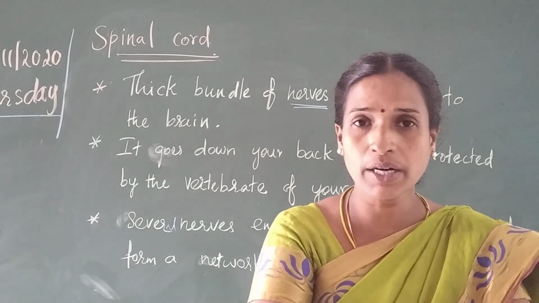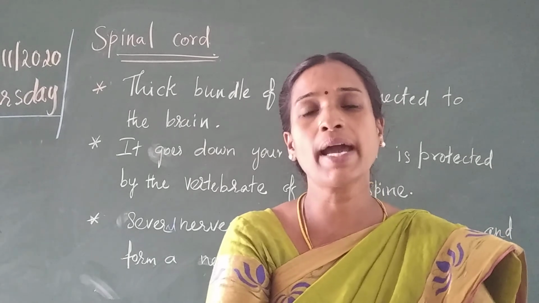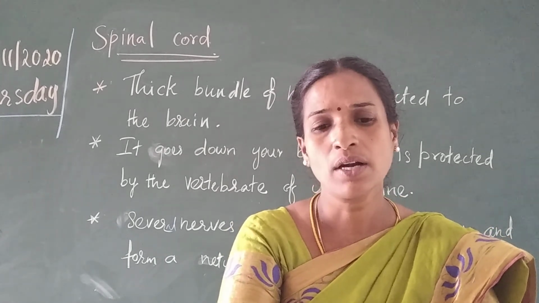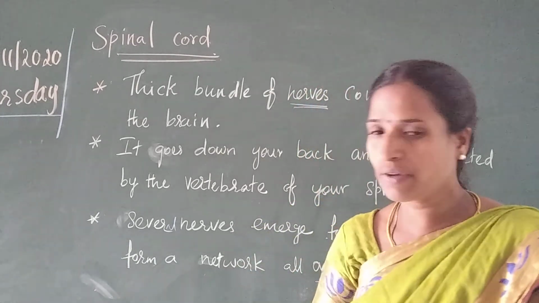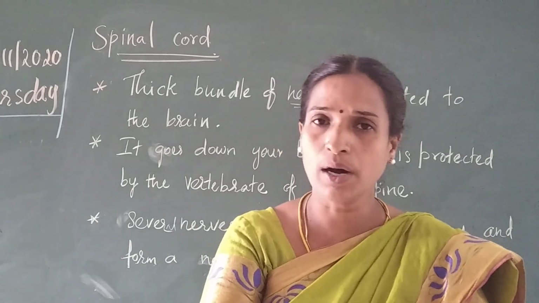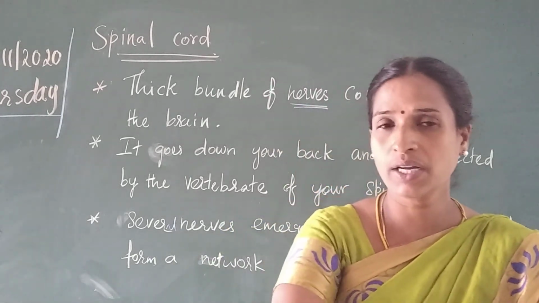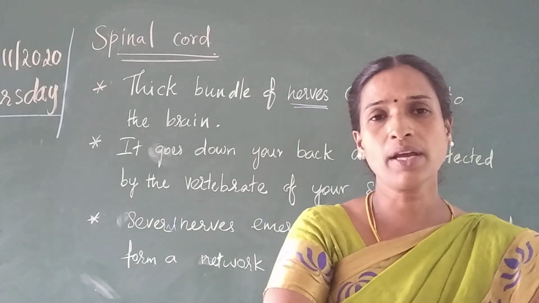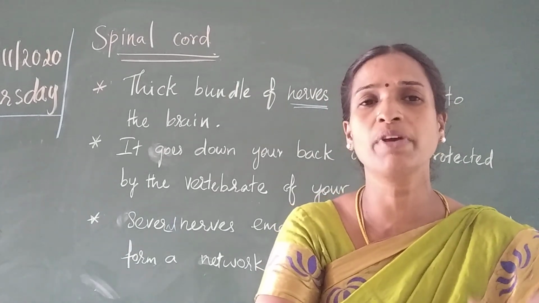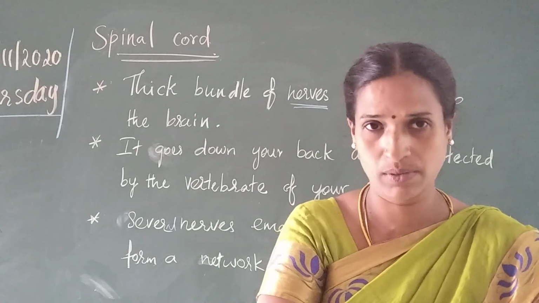Where does the spinal cord begin? From the end of the brain stem. It continues down and is protected by the vertebral column. The spinal cord is a very delicate organ, protected by our vertebral column, and it performs a very important function in our body.